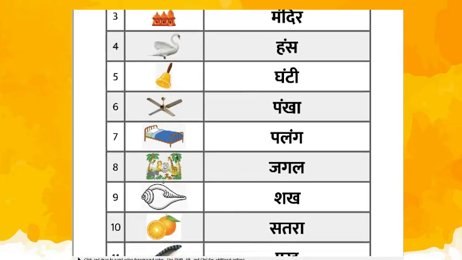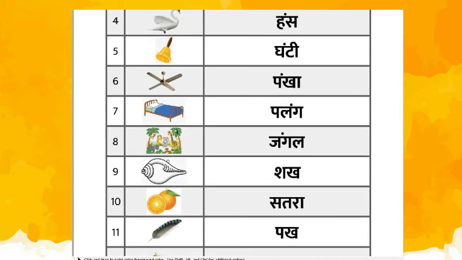And look at the eighth picture here, the picture of jungle. So we call jungle in Hindi or forest in English. So we have to keep the matra in between ja and ga. Jungle. And look at the ninth picture, shank, the conch shell picture. So we call shank in Hindi.